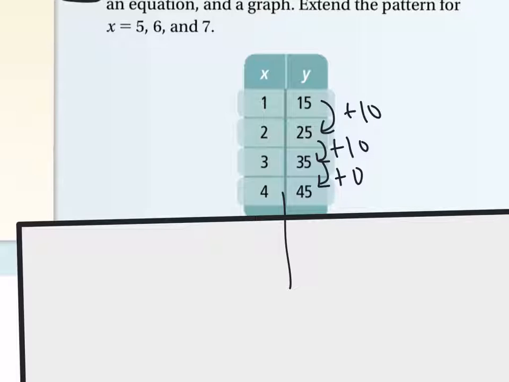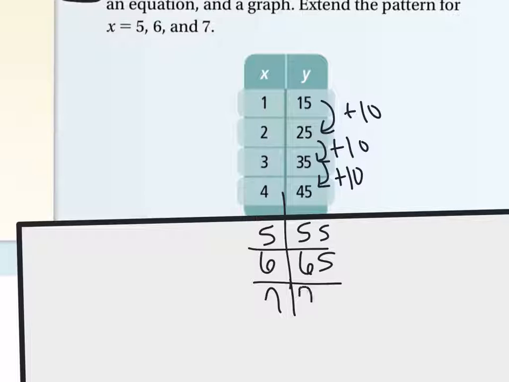So if we extend this for 5, 6, and 7, we would have 5, 55, 665, 775. So that would be extending the table, and then we could think about it in words.